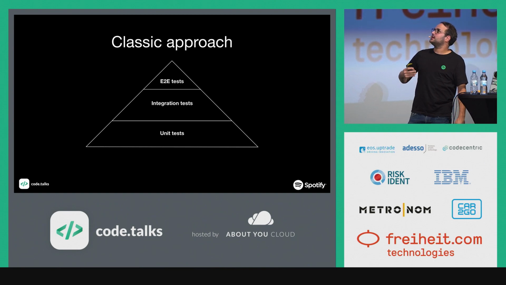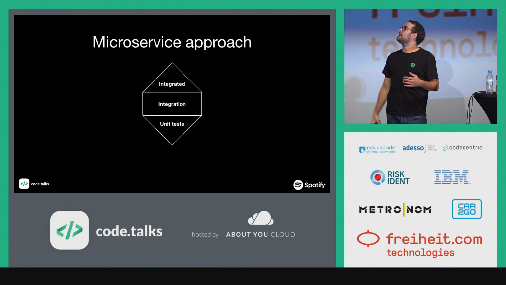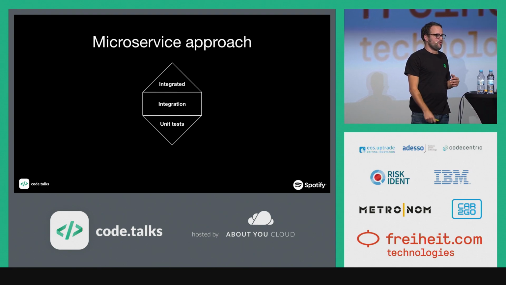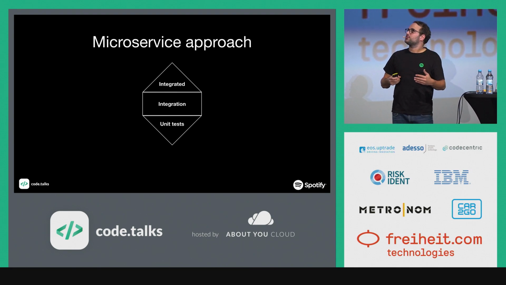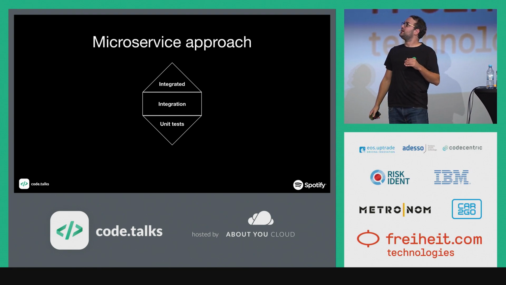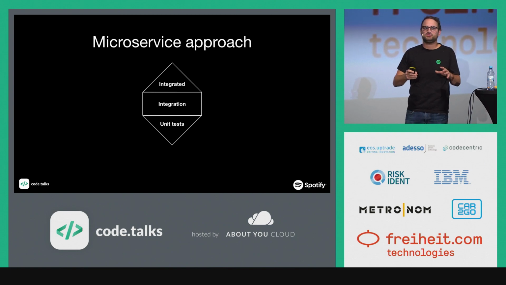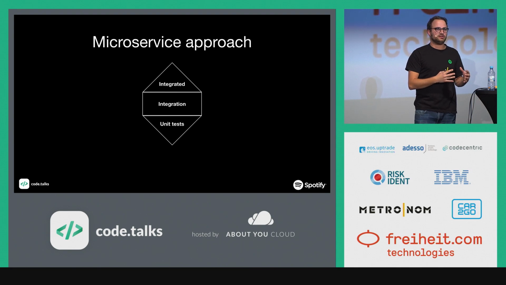This, in my opinion, has changed throughout the years to something more like this, which is the so-called microservice testing honeycomb. There, and don't get me wrong, we still focus a lot on unit tests, but we really need to think of what we test here.